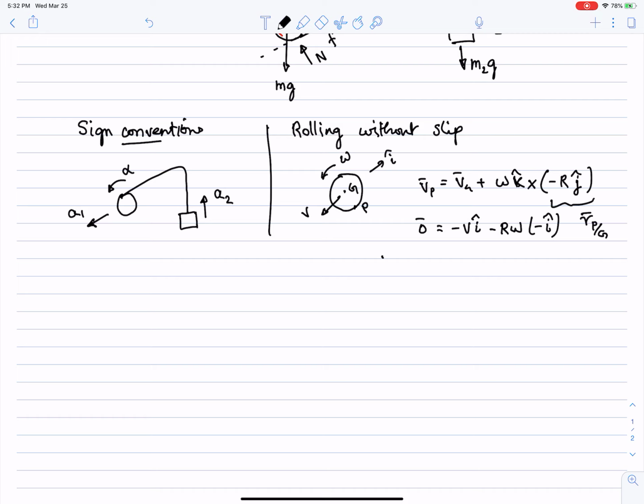So we have 0 equals minus v plus r omega, or v equals r omega.